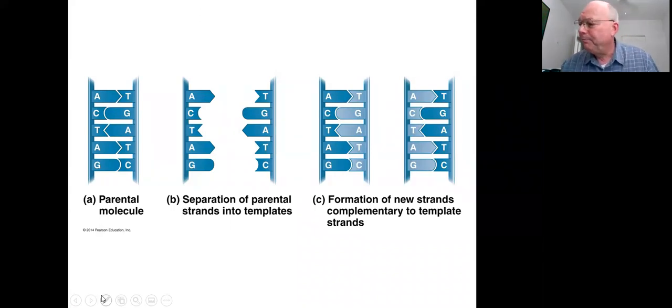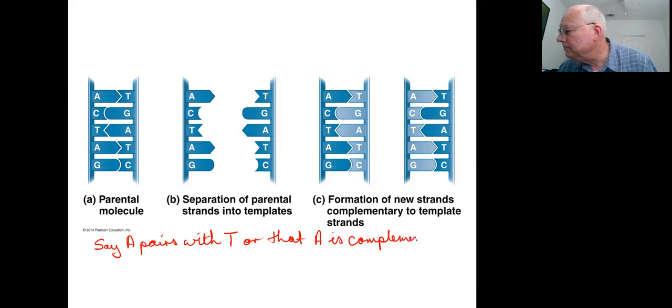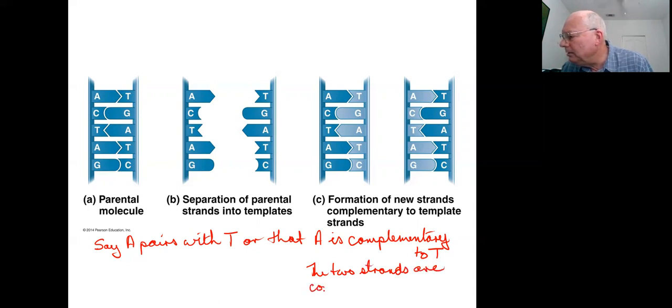So we say that A pairs with T, or that A is complementary to T. So the 2 strands are considered to be complementary strands.